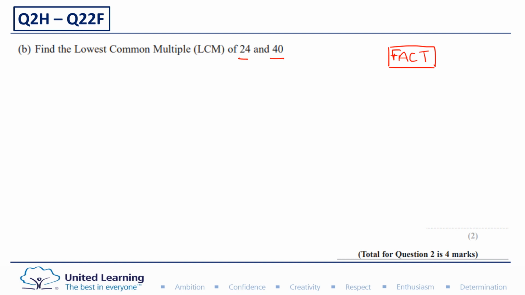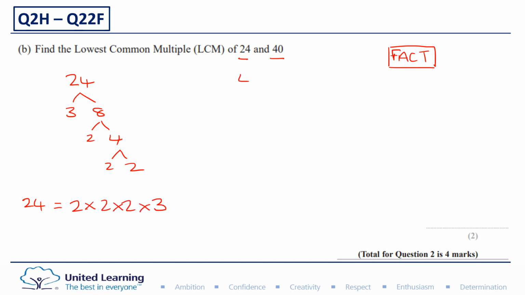So 24 is 3 times 8, and then 8 splits up to 2 and 4, which is 2 and 2. So 24 as a product of its primes is 2 times 2 times 2 times 3. 40 is 5 times 8, and 8 is 2 and 4, and then 2 and 2. So we know that 40 is 2 times 2 times 2 times 5.